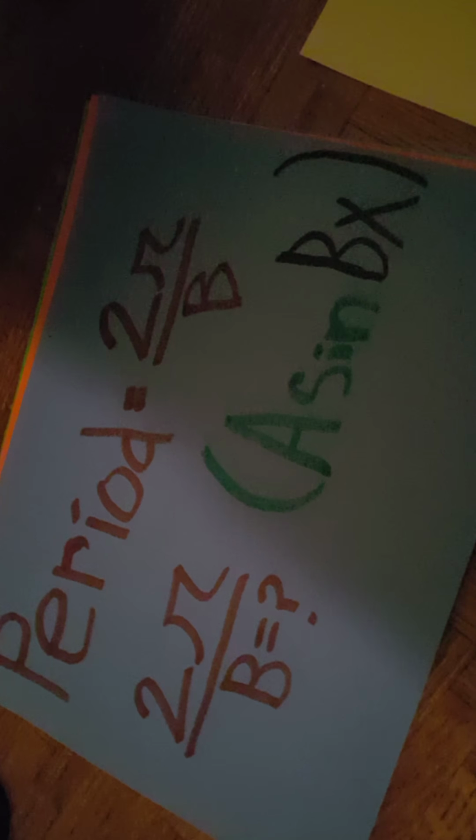Now, where's our b at? Well, there's no b here, but if you look over here, our original equation, if you're not doing a phase shift at all, is a sine or cosine, but we're not focused on that. And it's bx. So b is before x.